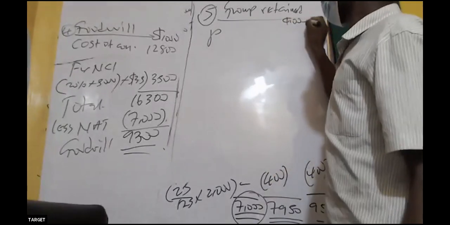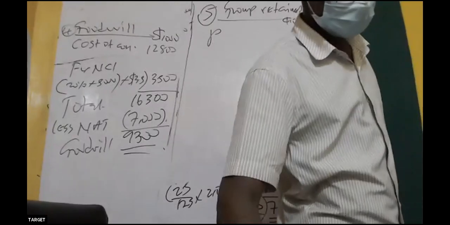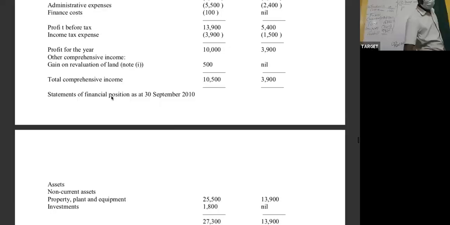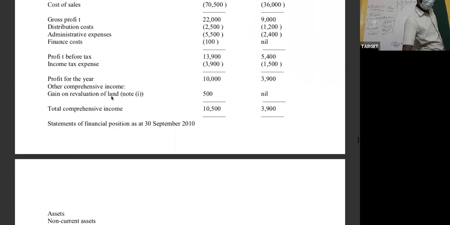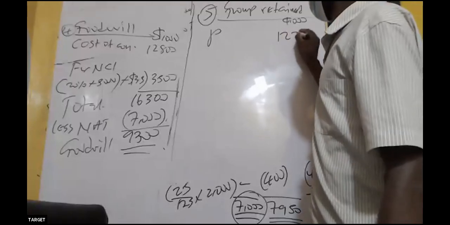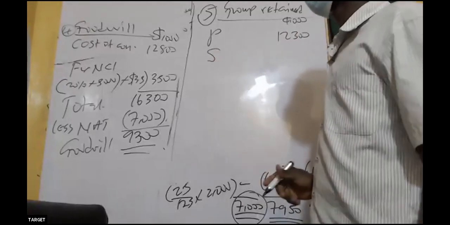Pick the parent retained earnings at the end of the reporting period, which is in here, 12,300. So 12,300. Then write the subsidiary, only Sanford.